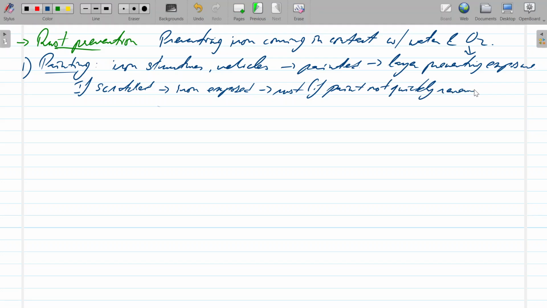And that will not only rust on the spot, the rust will spread under the paint. Why will it spread under the paint? Because now even a small spot is exposed, which means oxygen and water is getting in.